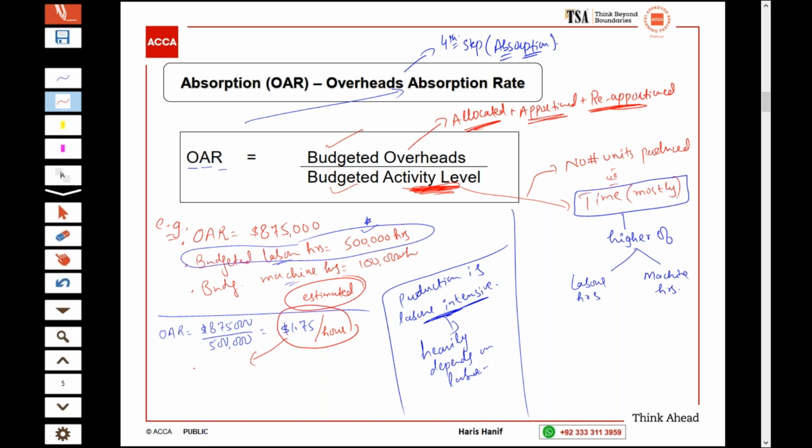So what is overhead absorption rate? You will be saying that when labor will work 1 hour, estimated overheads are $1.75.